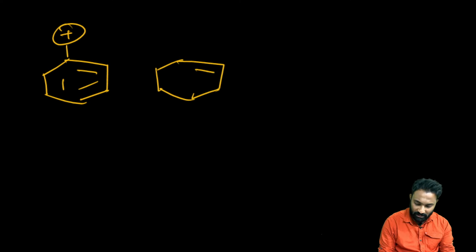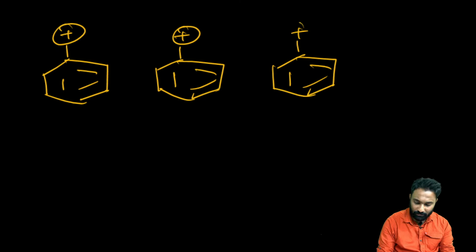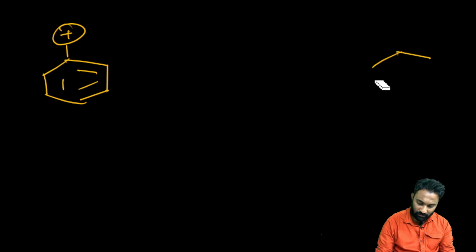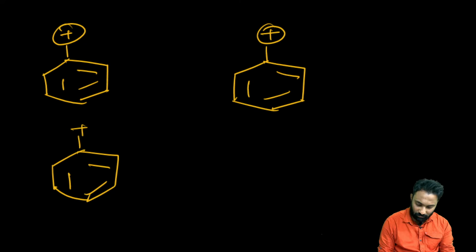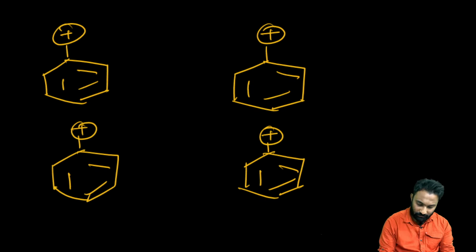Now these are the 4 carbocations we have, the normal one.